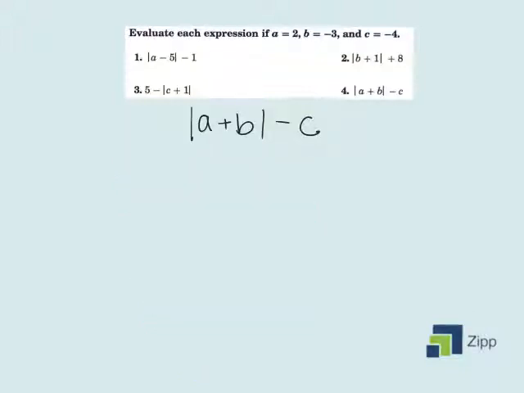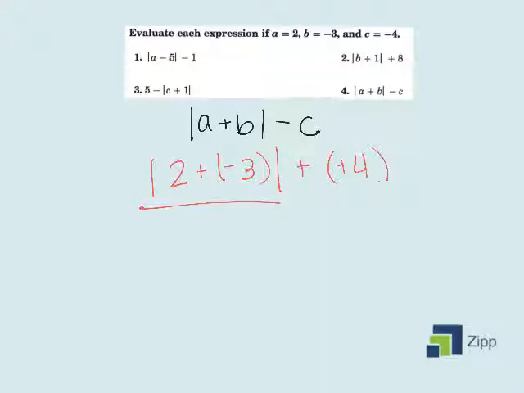So lastly, we're taking a look at number 4, and we have the absolute value of a plus b minus c. So we're going to be substituting in 2 for a, plus negative 3 for b, and then minus negative 4. Now in class we talked about keep, change, change.